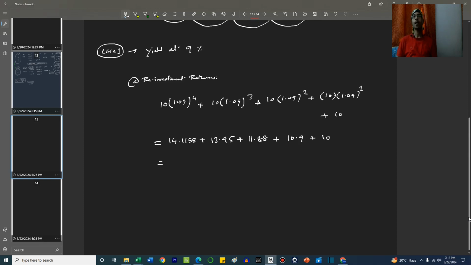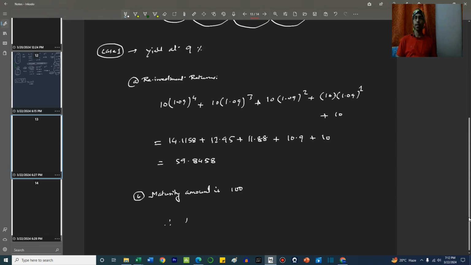So if you add them up, it comes to 14.1158 plus 12.95 plus 11.88 plus 10.9 plus 10. The total comes to be 59.8458 approximately.